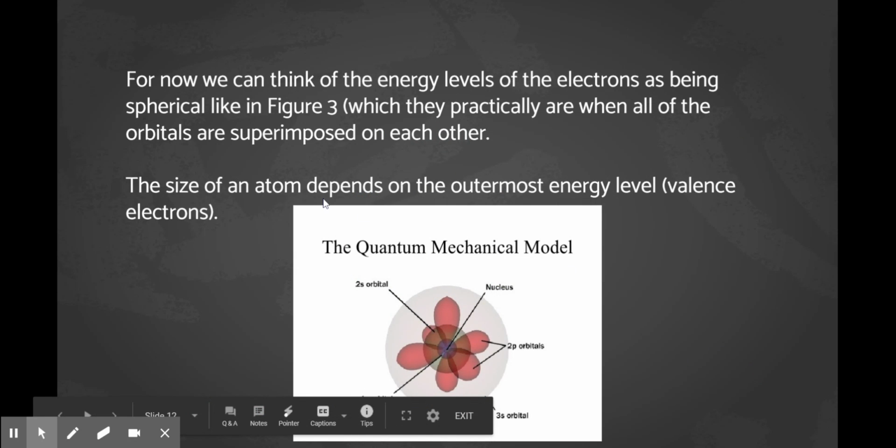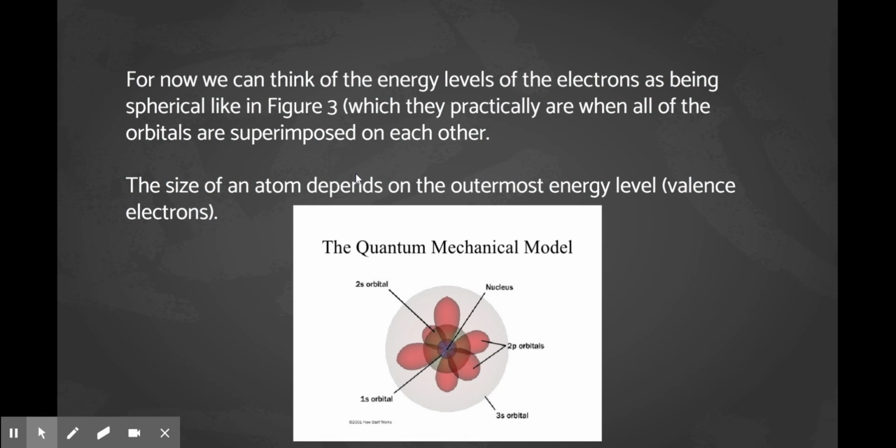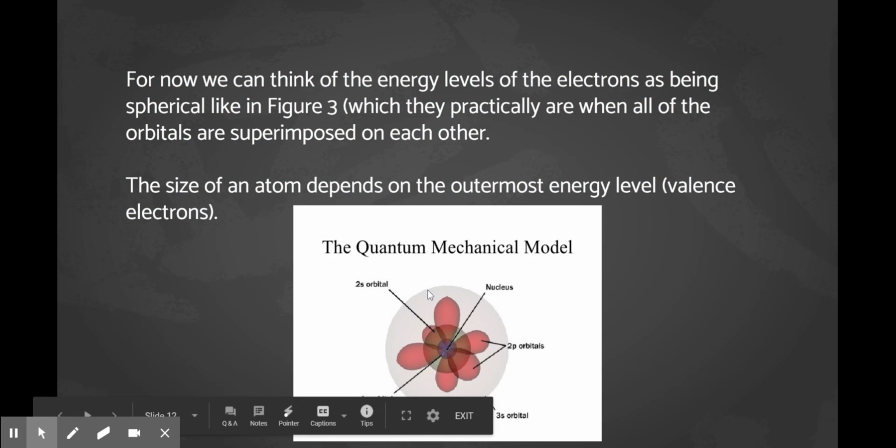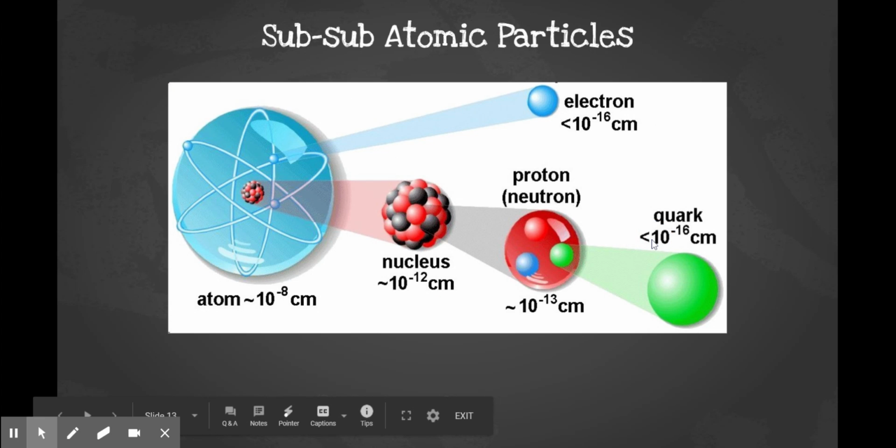And the size of the atom is going to depend on the outermost energy level, which is also called the valence electron. So this very outer gray circle here, from there to the nucleus, is what we're going to call the radius of the atom, which tells us how big the atom is.